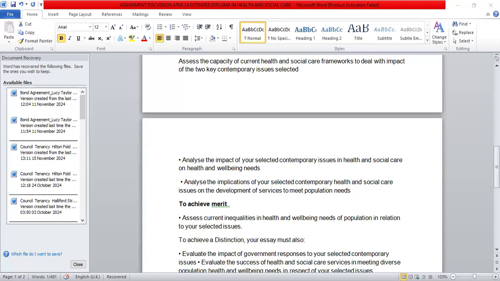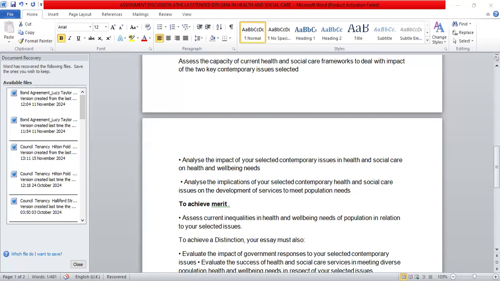So where in 2.2 you are seeking to review the policy and ensure you're analyzing, in 2.3 you are assessing the ability of the framework to respond appropriately to the issue in terms of speed of change and the ability to deal with the specific issue.